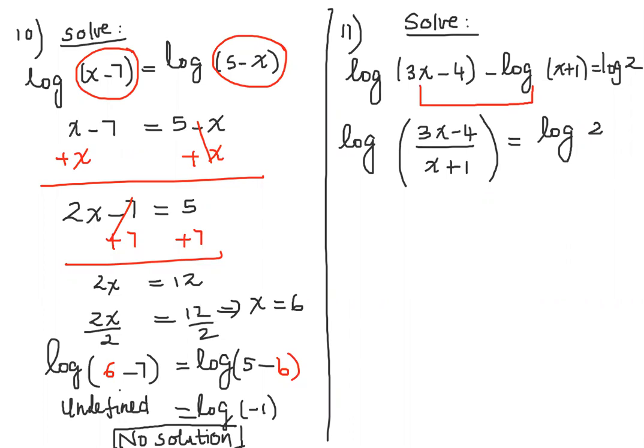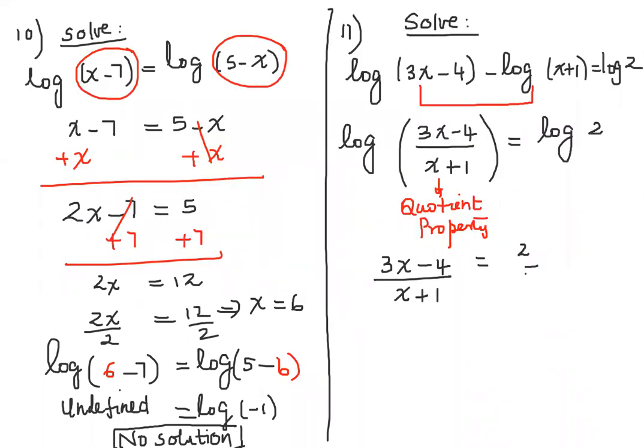So now, this is by the quotient property. Apply the quotient property. So now I have only one single logarithm on both sides. So now I can say 3x minus 4 over x plus 1 equal to 2.